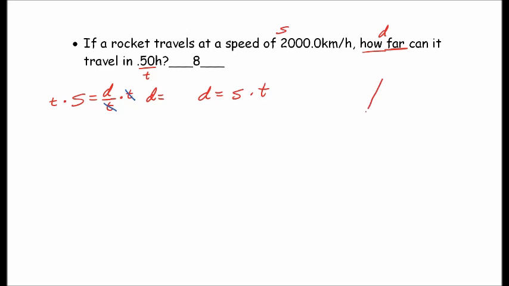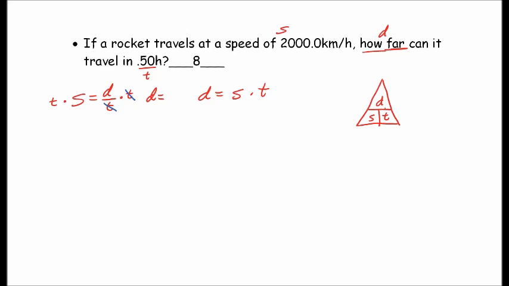If we draw a triangle and divide it into 3 sections, and we understand that the horizontal line, just like in a fraction, means division, and the vertical line means multiplication, then we can put this equation into the triangle.